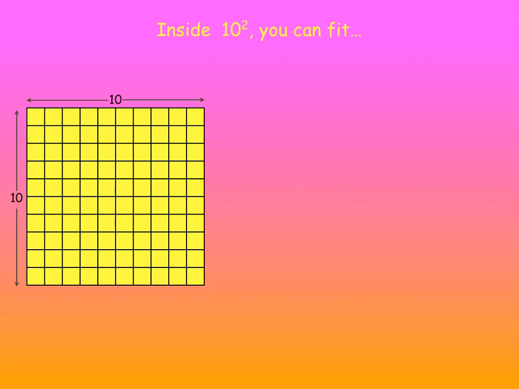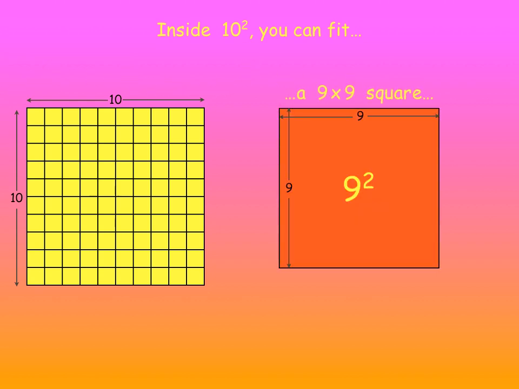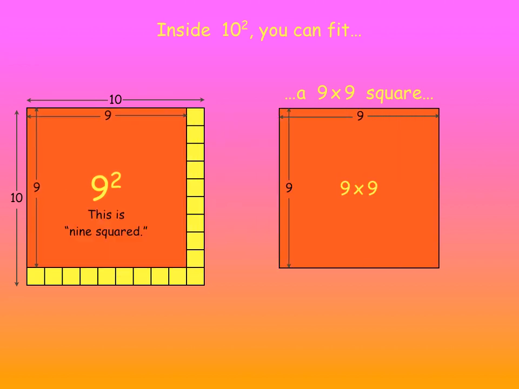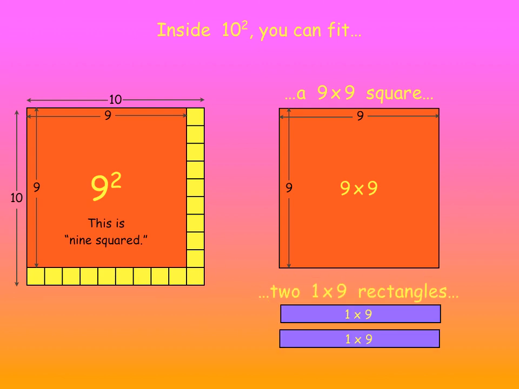Inside 10 squared, you can fit a 9 by 9 square. That's 9 squared. And you can also fit two 1 by 9 rectangles. There's 1 times 9, there's 1 times 9, and you can also fit a 1 by 1 square.